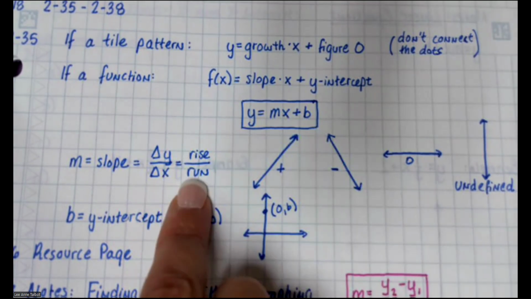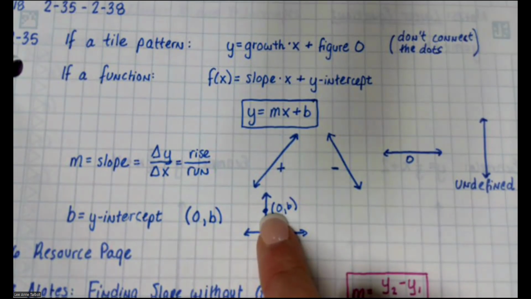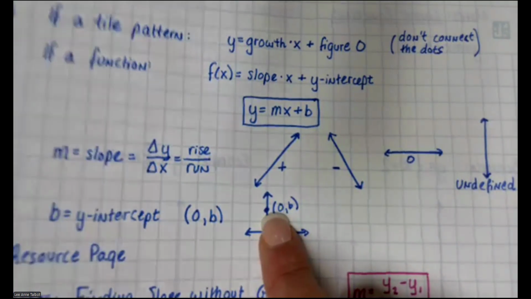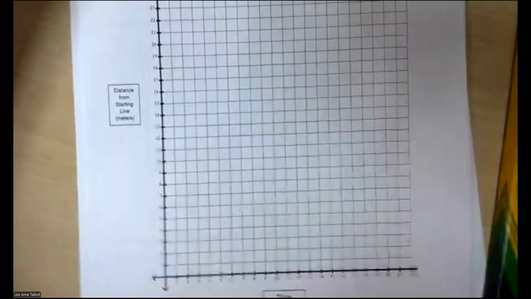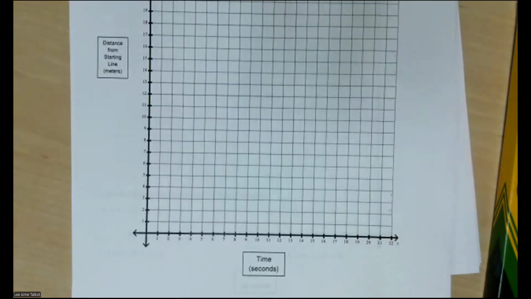And remember, the slope is rise over run, and the y-intercept is the start, or where it's on the y-axis. So just keep that in mind as we are doing these problems. So it's called the big race, and it's actually a tricycle race. And we're going to graph each person and find their equation.